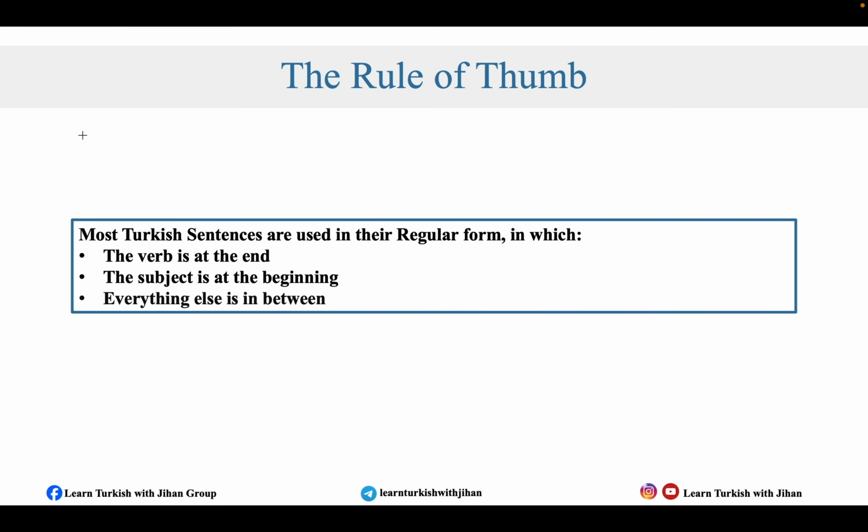While in daily conversations, because it's not something official, and for emphasis also, maybe in your languages also you have that, I'm not sure, but this is in Turkish. When you're listening to daily conversations, you will hear the sentences in their irregular form. But what you should know is that the rule of thumb is what we just said. Turkish sentences come in the regular form. We have the subject, the verb at the end, and everything else comes in between.